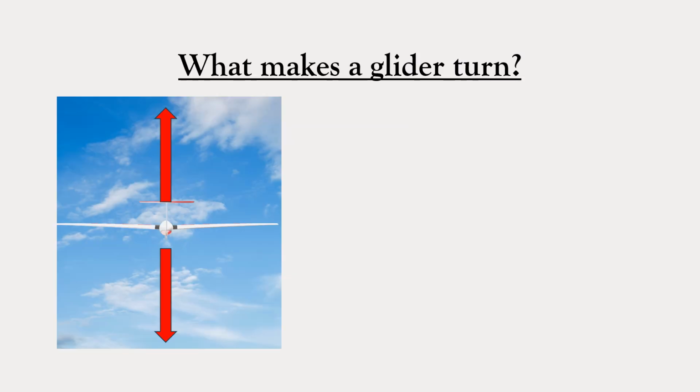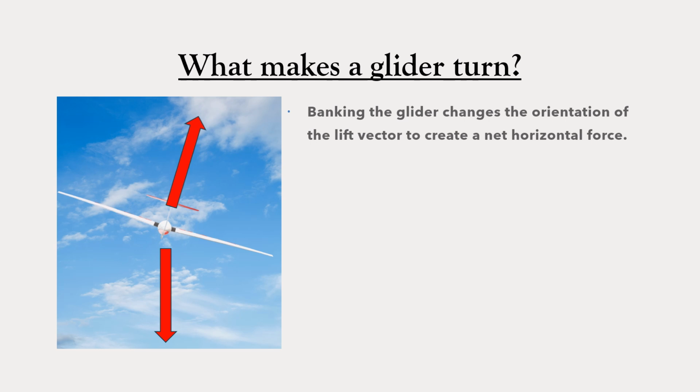So when we want to make a glider turn, how do we make that happen? This picture shows the lift vector and the weight vector when the glider is going straight. When we bank the glider, the weight vector continues to be downward, but the lift vector is now angled off diagonally.